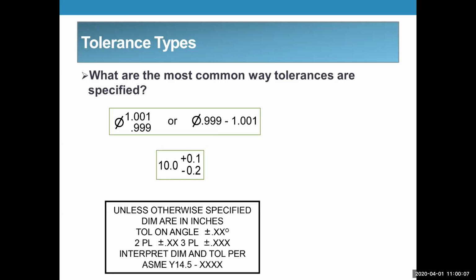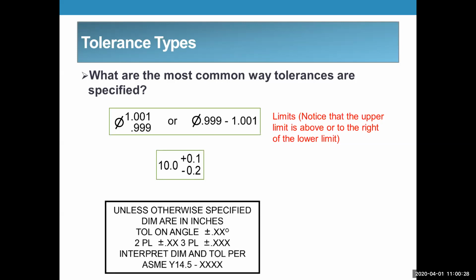So first we're looking at different tolerance types, or how they're specified. This one is limits. We already talked about limits because we had to do a little bit of limits and tolerancing in our one project, the P39, right?